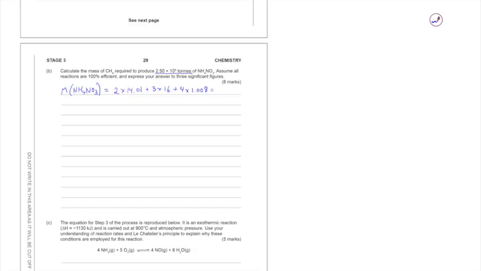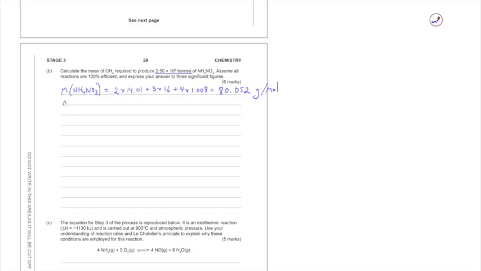Now your periodic table might be more or less accurate than the one I'm using, so keep that in mind. But for me, these are the values that I obtained for the molar mass for each of those elements, and of course I'm multiplying them by the number of times they occur within this molecule. Doing this quick equation, guys, I get 80.052 grams per mole as my molar mass for this species.